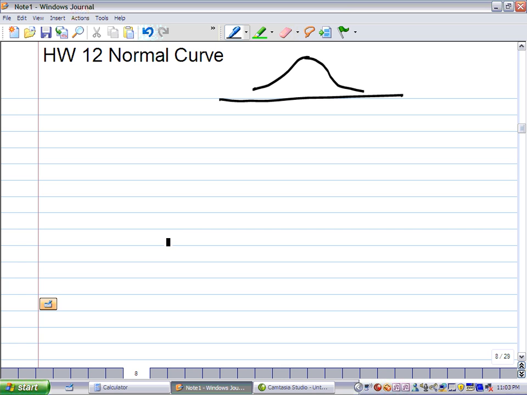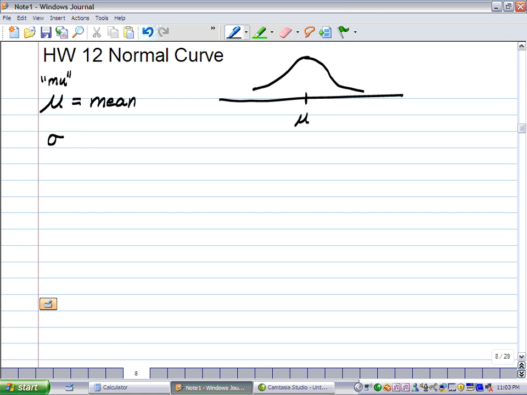You have the x-axis, and the highest point is the mean. We're going to use a lowercase Greek letter mu for the mean. Mu is how you say it.